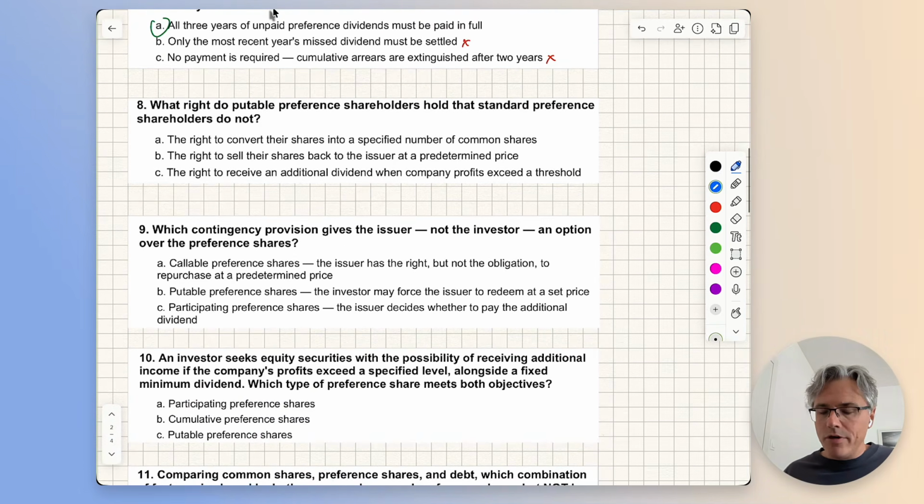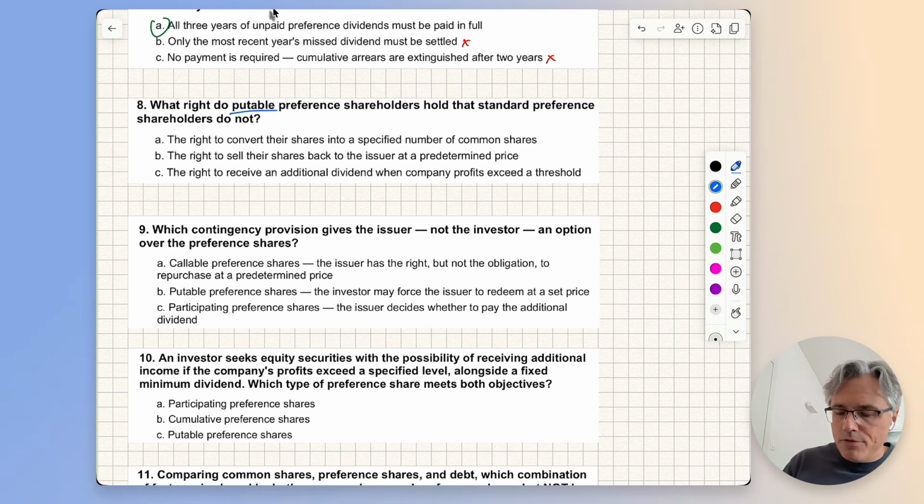Number 8, what right do puttable preference shareholders hold that standard preference shareholders do not? Now, the idea behind puttable instruments is going to be universal across equities and fixed income or debt. The same goes for callable instruments.